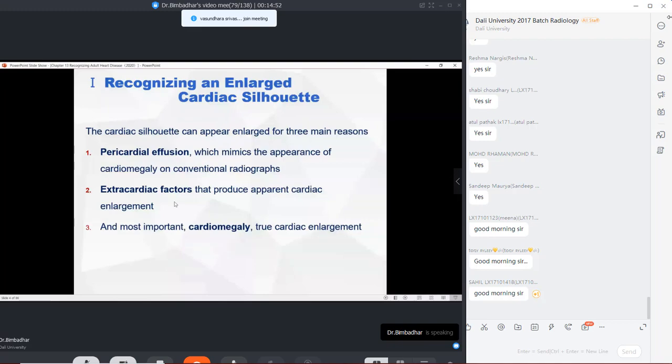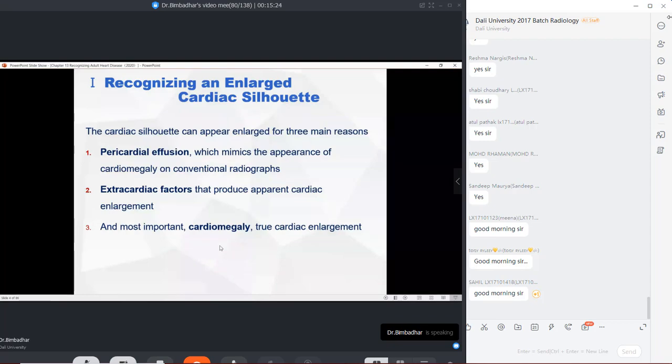So we need to know which one is normal and which one is actually abnormal. And the last one is the true cardiac enlargement. True cardiac enlargement is where I am talking specifically about chamber enlargements or a gross cardiomegaly. A gross cardiomegaly means I'm talking about cardiomyopathic diseases, where the real cardiac muscle is enlarging on its own.